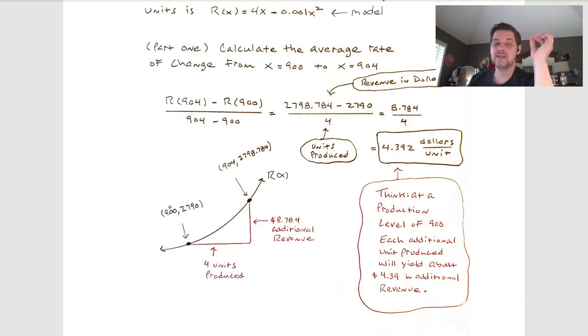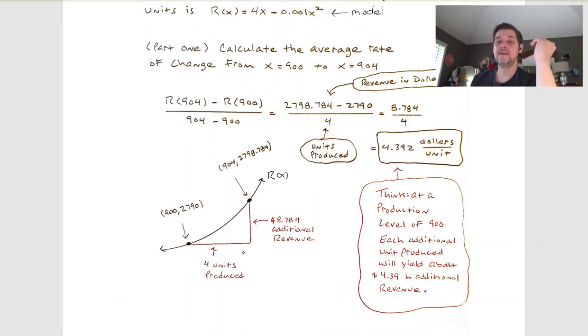The first one says at a production level of 900, the revenue will be 2,790. And this point over here says at a production of 904 units, we'll have a revenue of $2,798 and about 78 cents. When we subtract on top, we're finding the difference in revenues between these 2 points. When we subtract on the bottom, we're finding the difference in production.